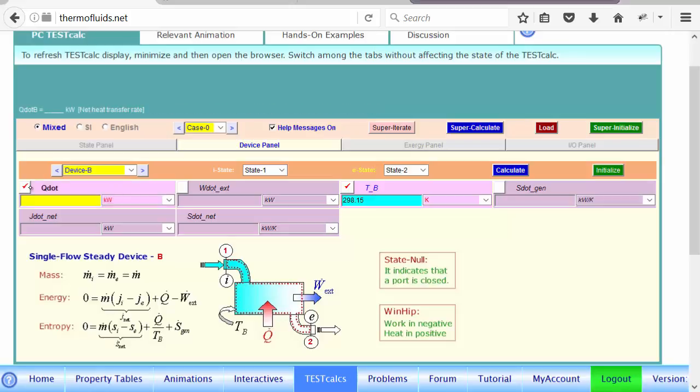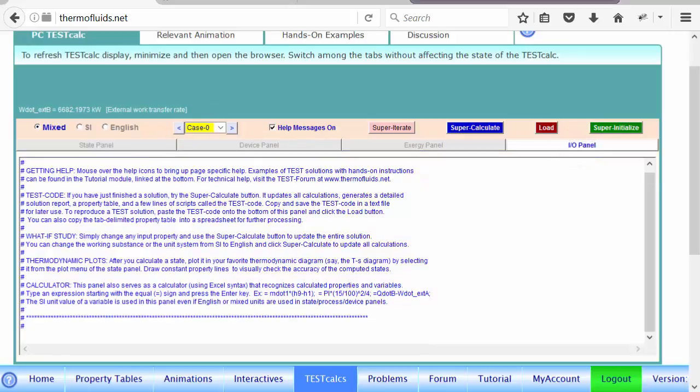Heat transfer is 0, and you can just calculate here and find the ideal work, 6682, and I believe what we found before was 6630. Again, very close. So therefore, to find the isentropic efficiency, we could just divide the two works, or we could use the formula for the isentropic efficiency. Either way, we'll get the same answer.